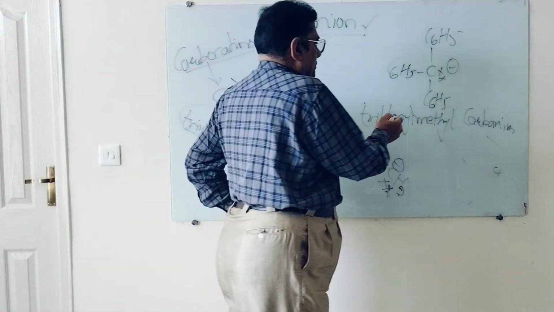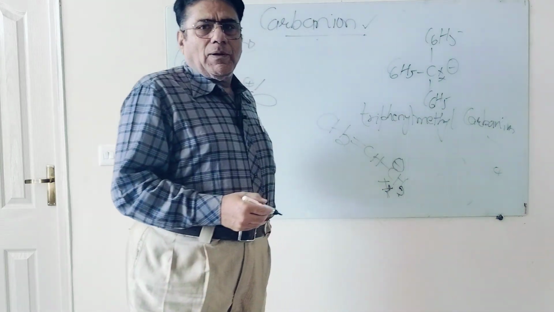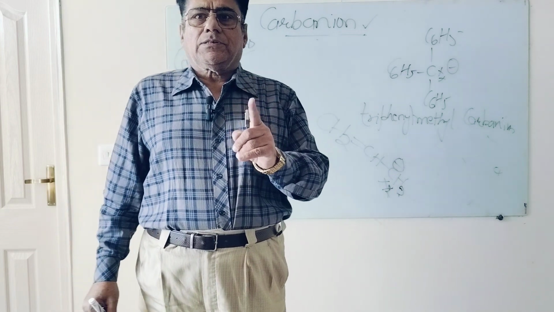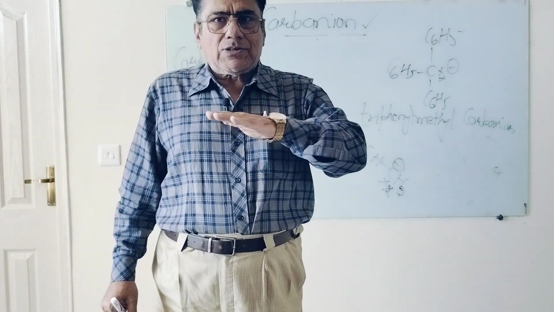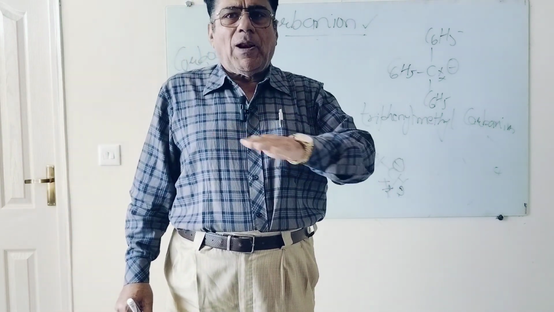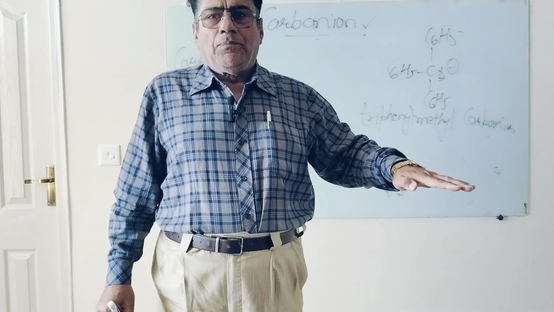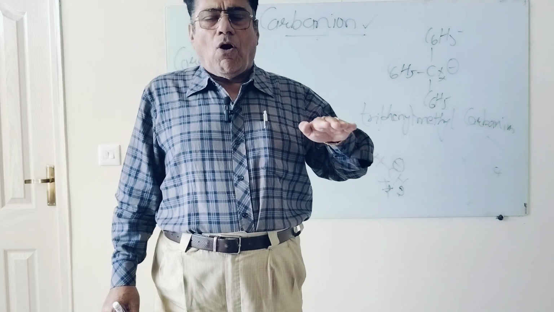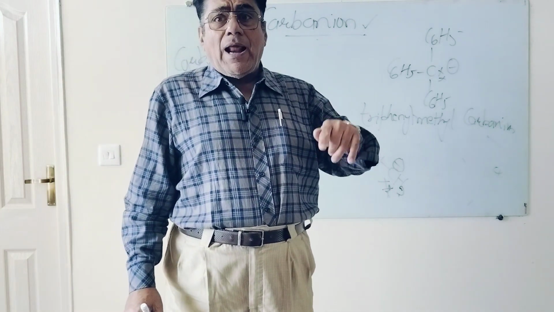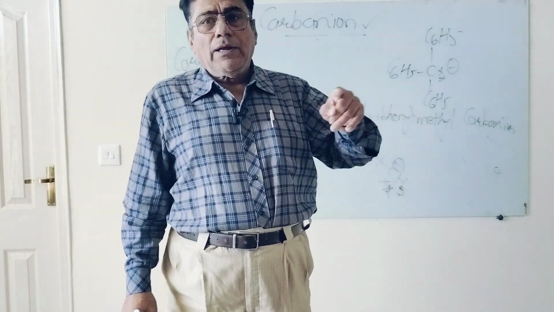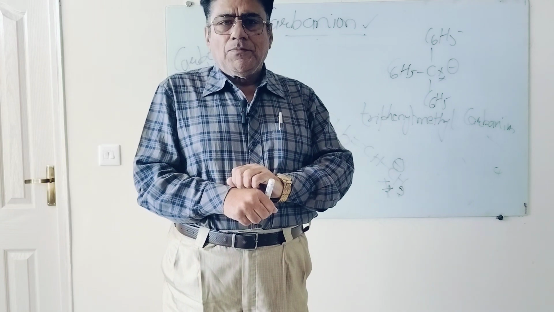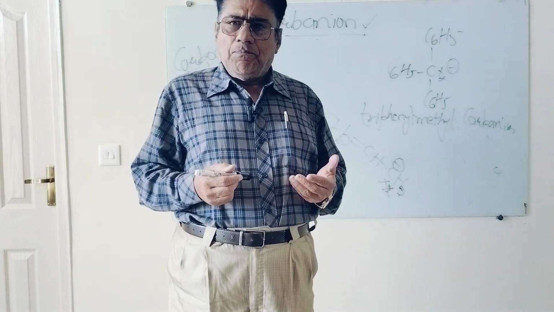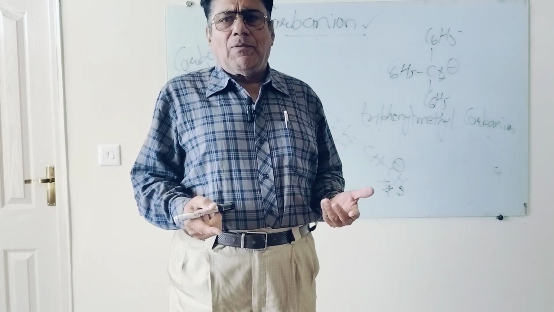But in both these species, resonance is possible. And I said resonance can occur only if the structure is planar. Without planarity, resonance is not possible, right? Whenever there is a probability of resonance in any carbanion, it will acquire sp2 hybridization. In simple methyl, ethyl, tertiary butyl carbanions, sp3 hybrid carbon will be there.